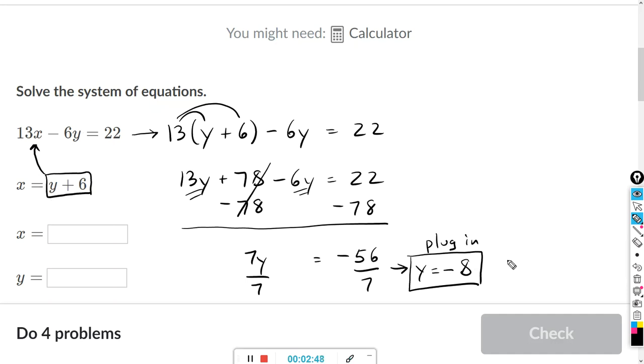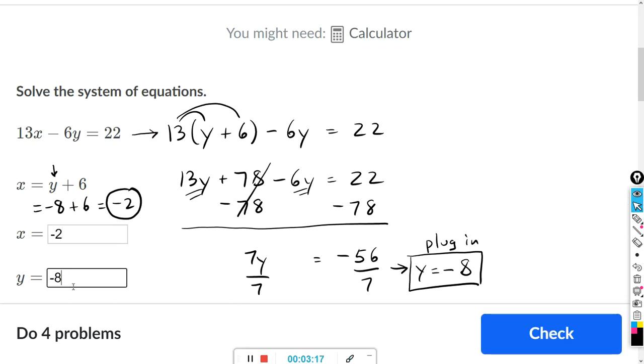So I'm going to plug in y equals negative 8. It goes right in here, so that leaves us with negative 8 plus 6, which is just negative 2. So that goes in this box: x is negative 2, and in the other box, y equals negative 8.